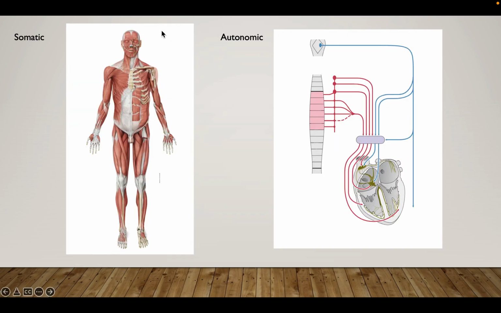So again, somatic, things that we can control. So this is representing skeletal muscle. Autonomic, things like our heart. This blue line here is representing our vagus nerve, which is our 10th cranial nerve.